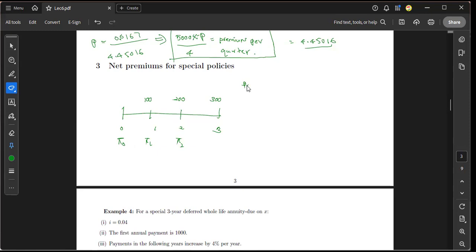So from the net premium policy or the principle, we get the actuarial present value of premiums equal to the actuarial present value of the benefits. So that means the APV, actuarial present value of premiums, is equal to the actuarial present value of benefits.